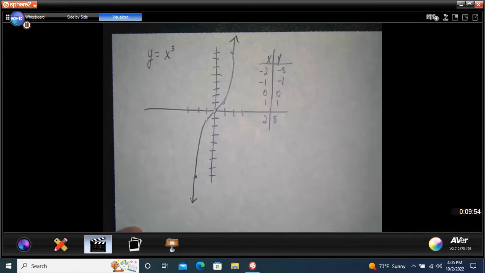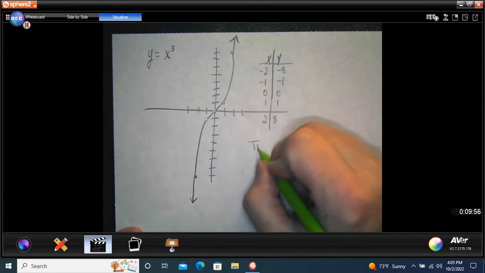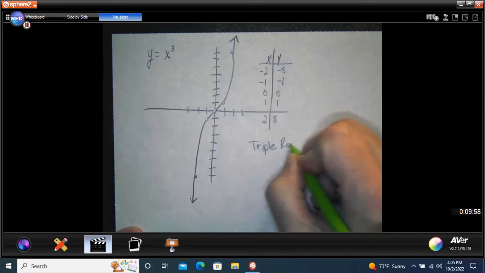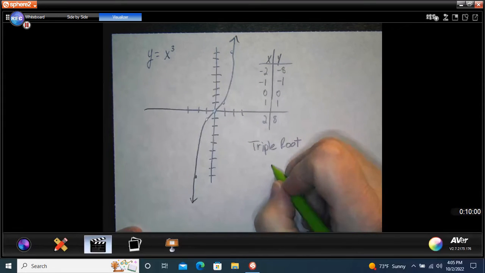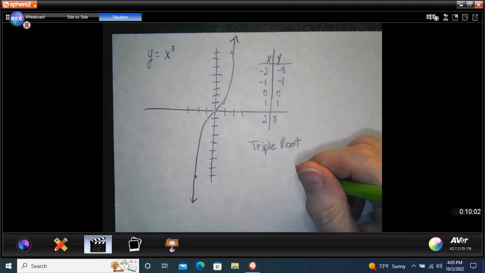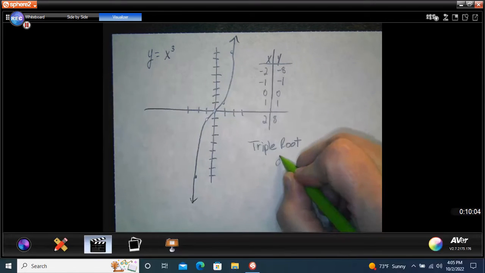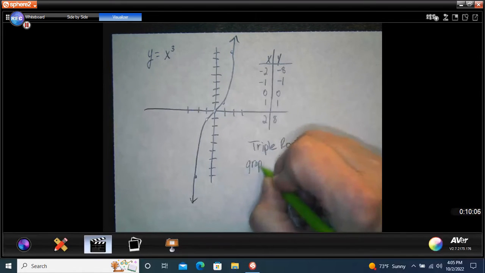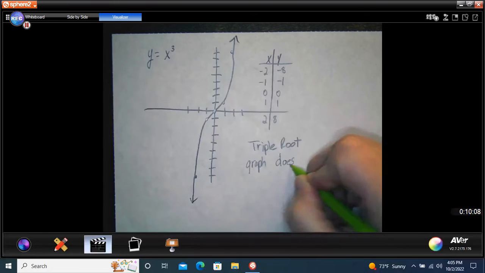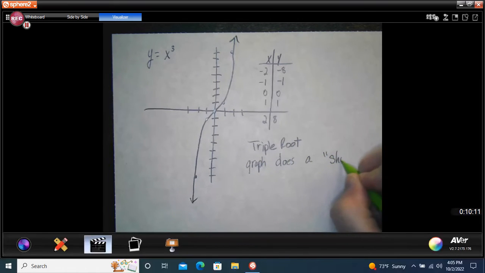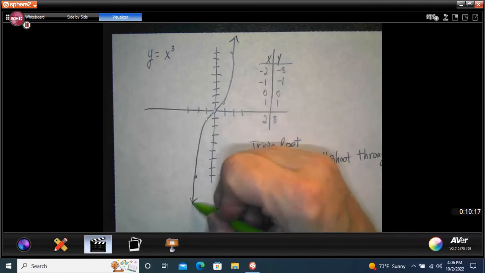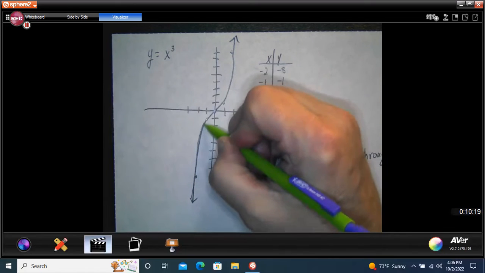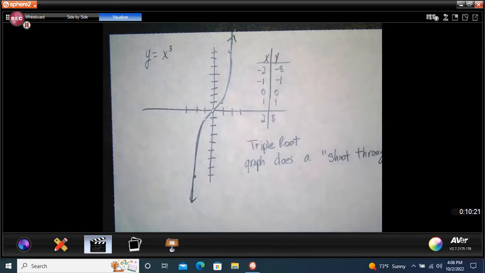So whenever we have a triple root, like we do in this case, the graph does what I call a shoot through. It's going to climb, shoot through, and then go on up.